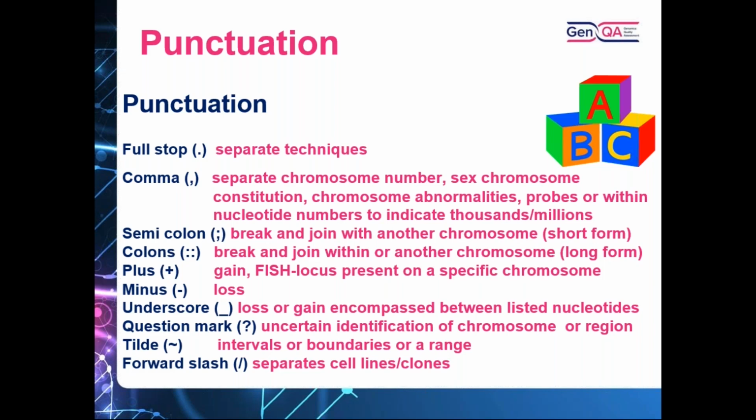The tilde is used for intervals or boundaries or a range, and you will often see that when there is some uncertainty too. And the forward slash separates clones and cell lines. Obviously, we're talking about constitutional cytogenetics, so we won't be talking about clones today.